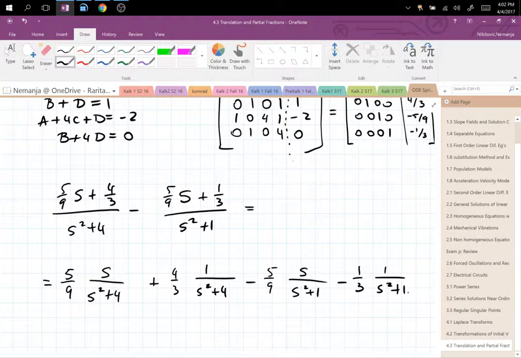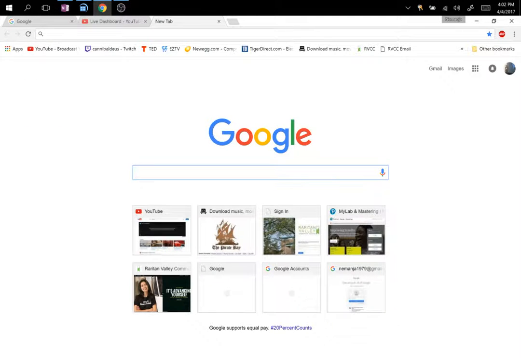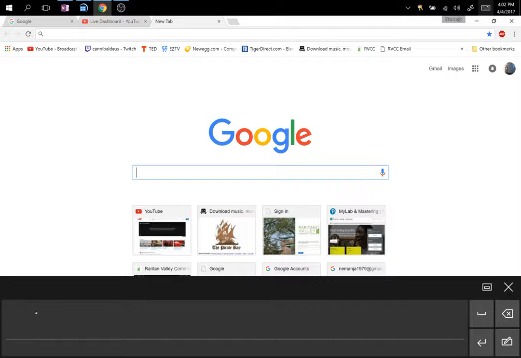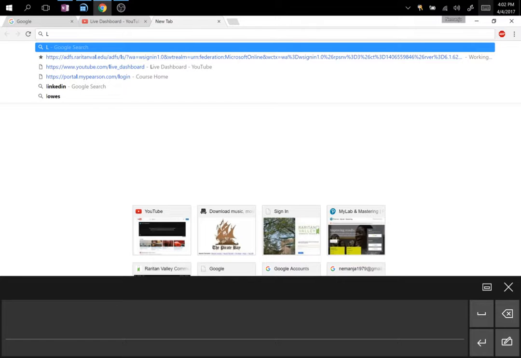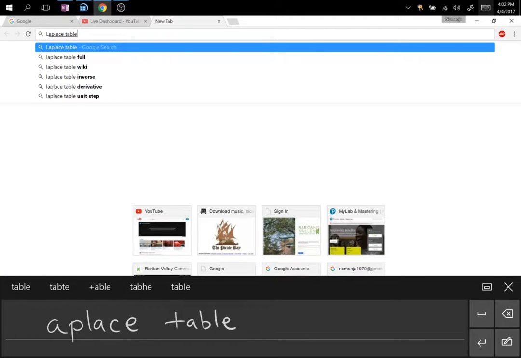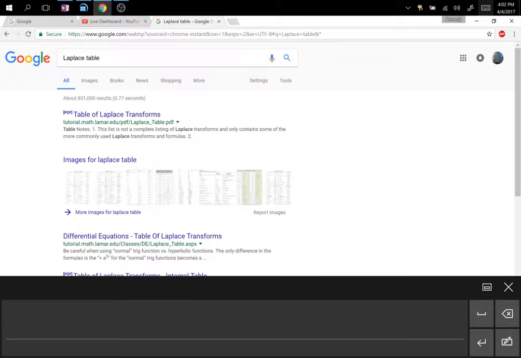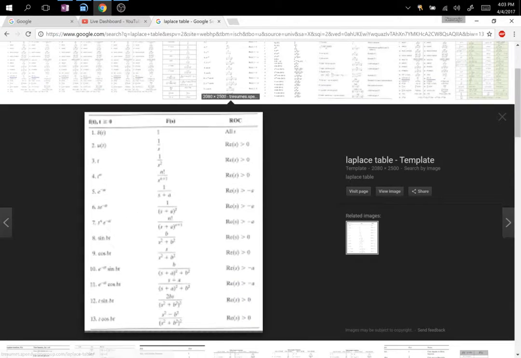So let's find a Laplace table, images, and anyone is technically fine.